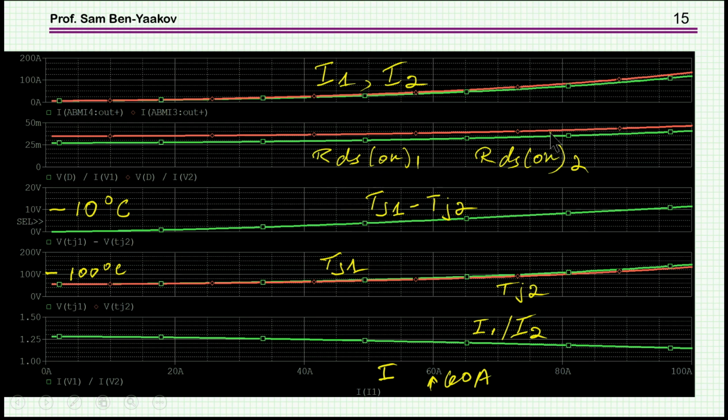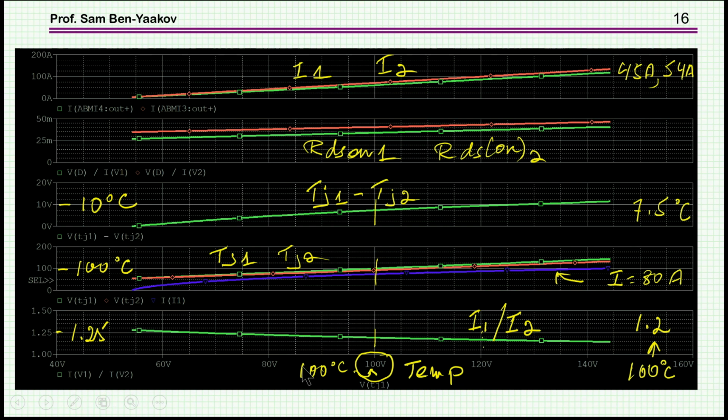Then we have the two RDS(on), how they are changing with the current, because it's heating up. And these are the actual currents I1 and I2. Another very interesting look is when I'm changing the scale here to temperature. This is now representing the temperature of the junction of the first transistor, okay? So this is not volts, it's temperature.